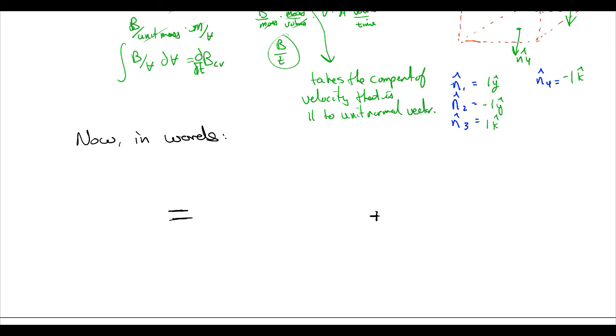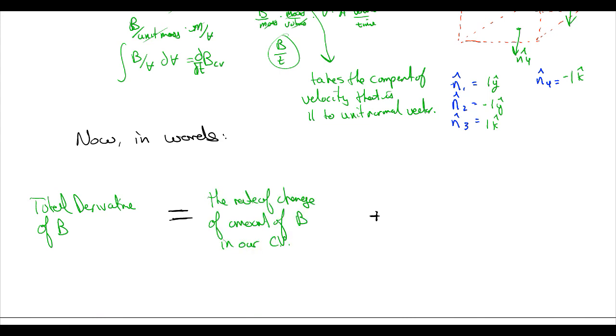Okay, so in words, the total derivative of b is equal to the rate of change of amount of b in our control volume plus the net rate that b crosses our boundaries.